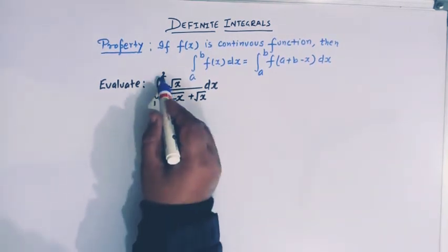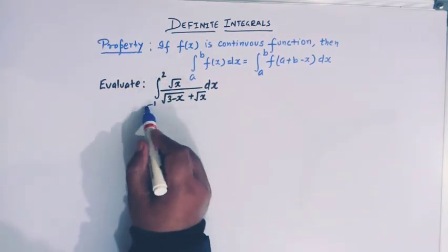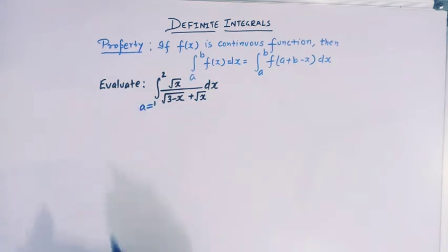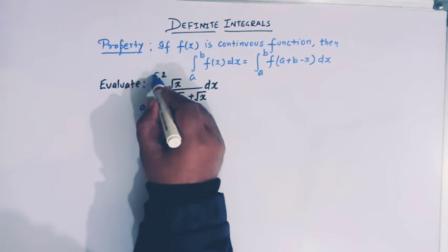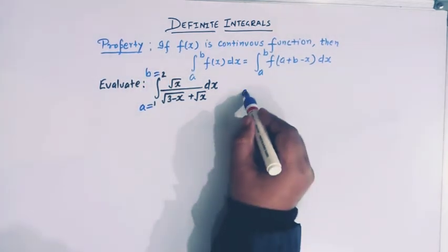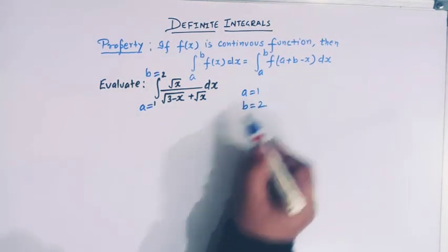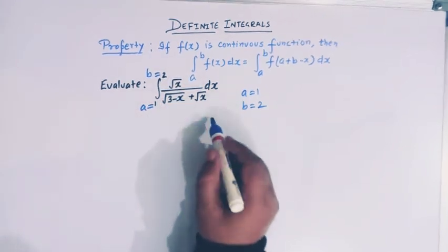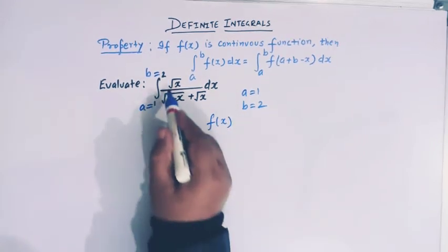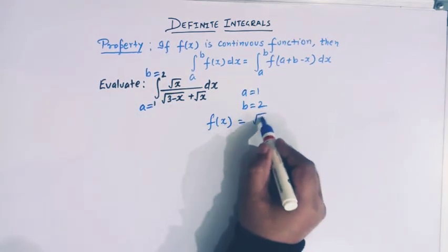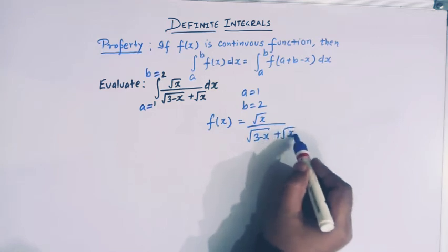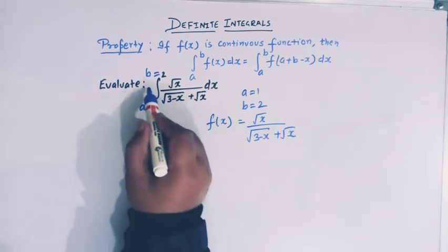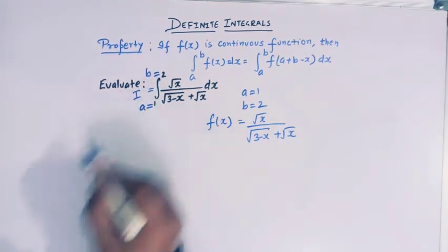Here the value of a is 1 and the value of b is 2, and f of x is given by this function, that is square root of x divided by square root of 3 minus x plus square root of x. Let us call this integral I.